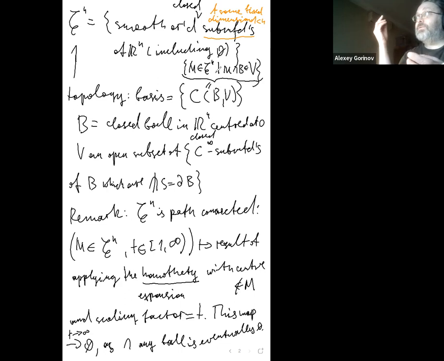And we take the corresponding open neighborhoods, and we take those as elements of a basis for our topology.